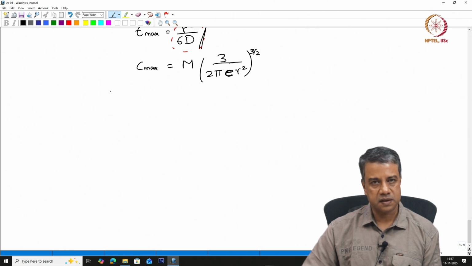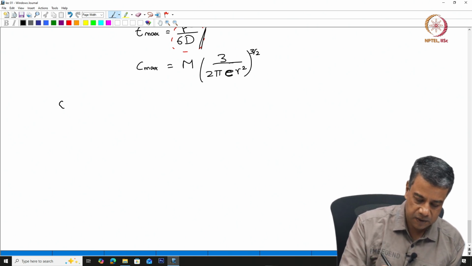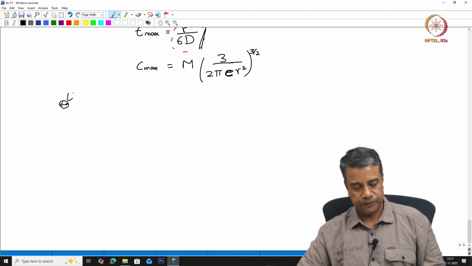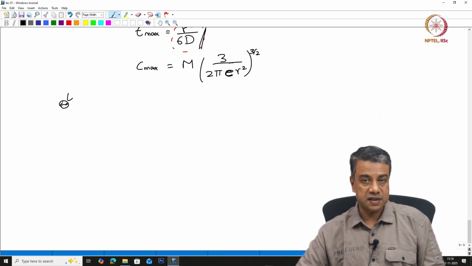You will always inject concentration into some particular location of some characteristic length L, and then it will spread. Initially, of course, it will depend upon how it has been injected, what is the shape of the injection, what is the size of the region of injection.